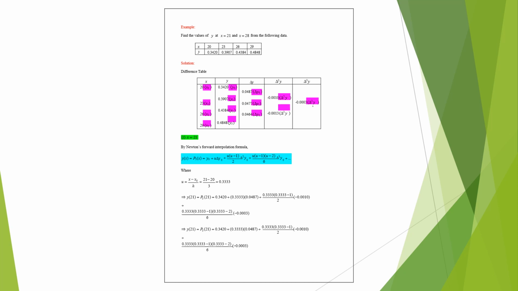So we get minus 0.0003. So this is the Newton's forward difference table. Here there are only 4 data given, so the polynomial will be of degree 3.